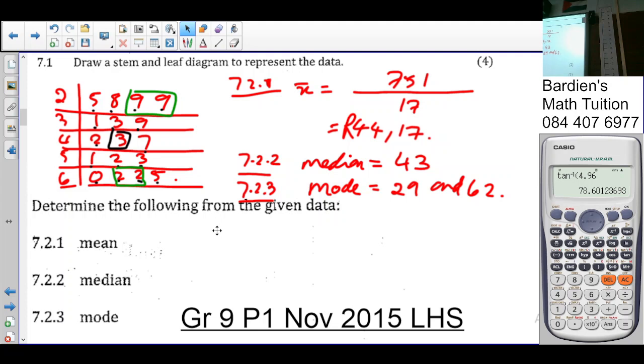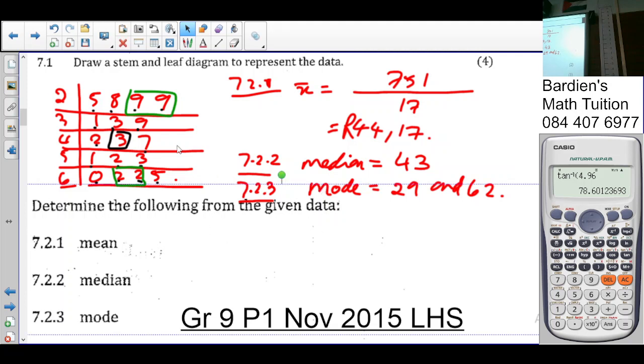But if say 62 had to occur one more time, then only 62 would have been the mode. It's a single number that occurs the most. But since 62 occurs twice and 29 occurs twice, that's why I have to write both. But if all the numbers occur twice, there's no mode. Then you say no mode, please.